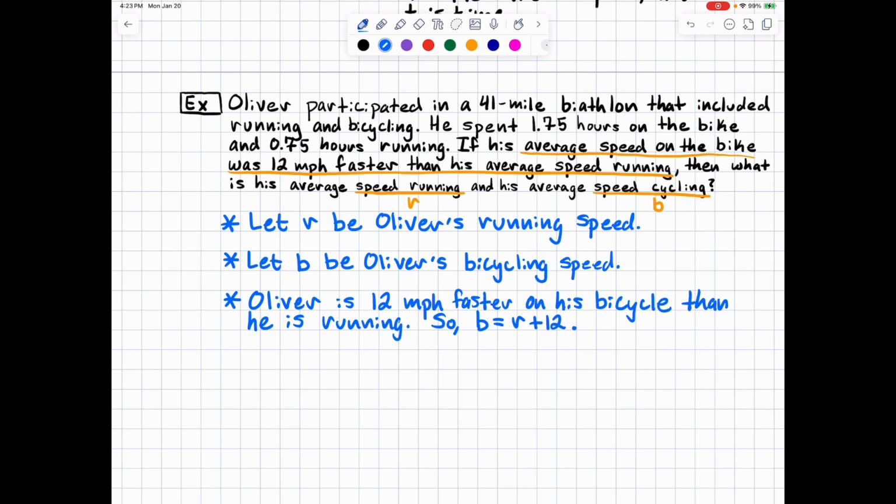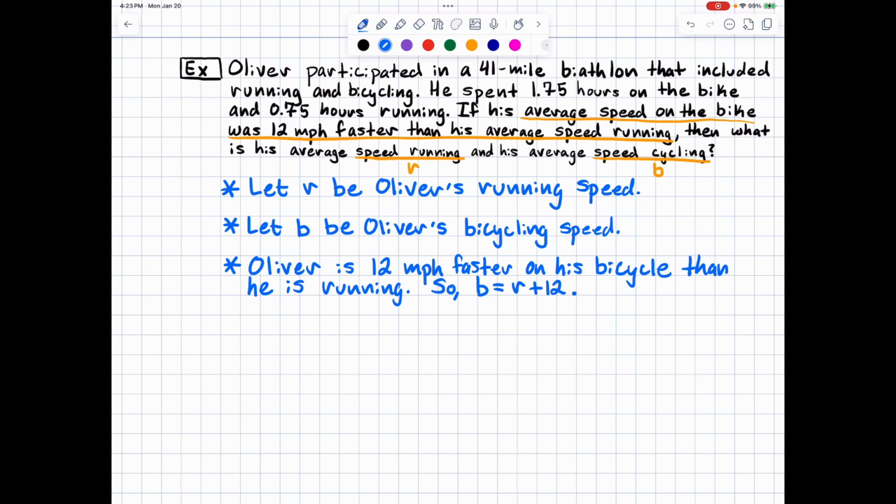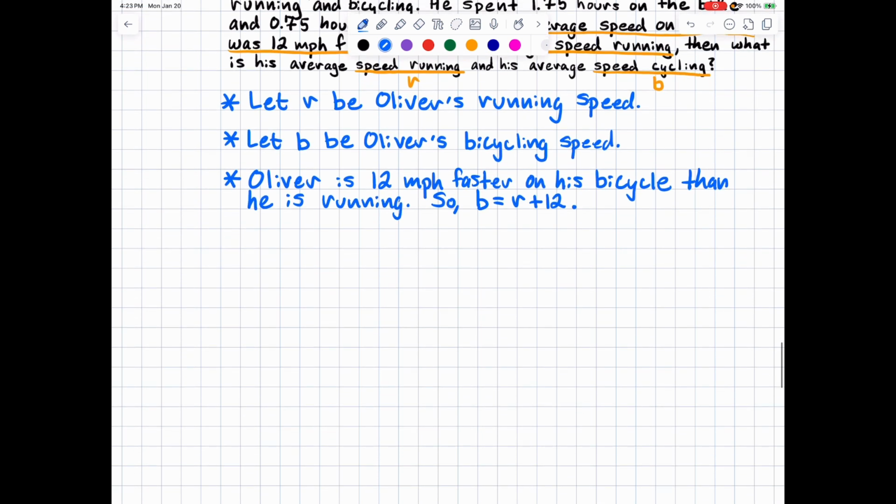So now we want to organize the information into a chart, okay? That will really help us with figuring out the answer. So let's make a little chart here. And yours doesn't have to be perfect.